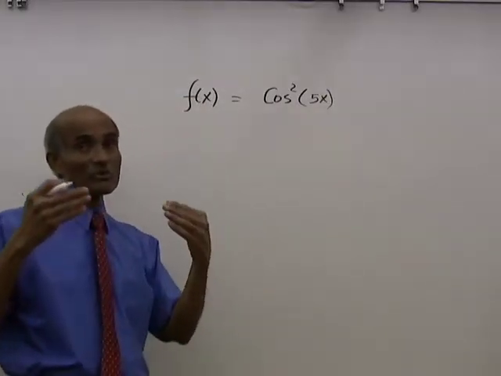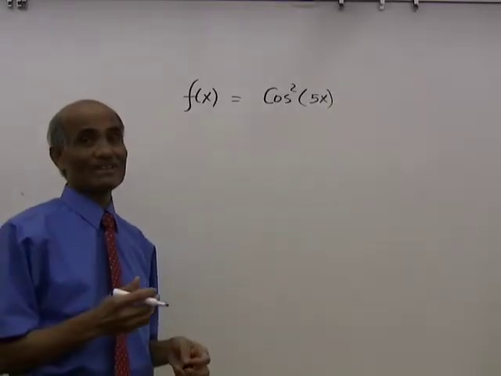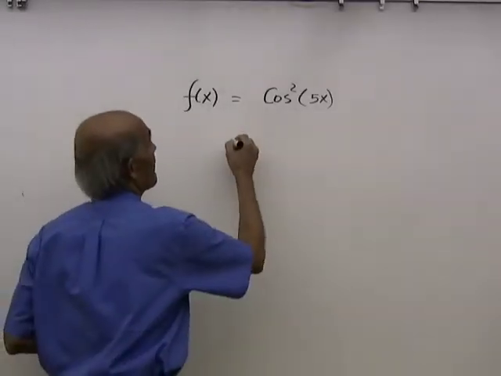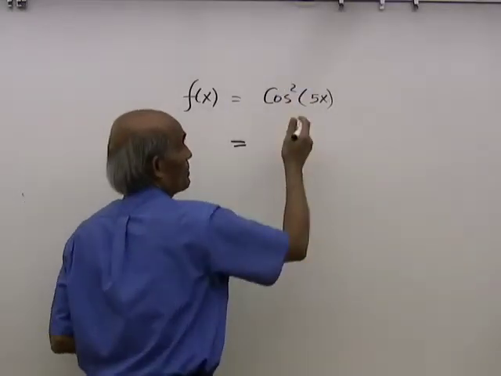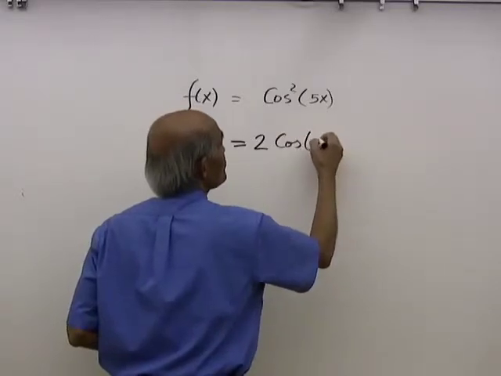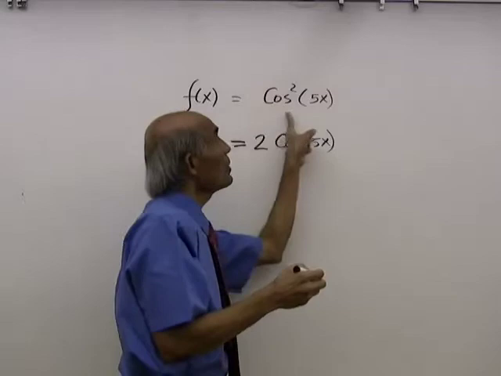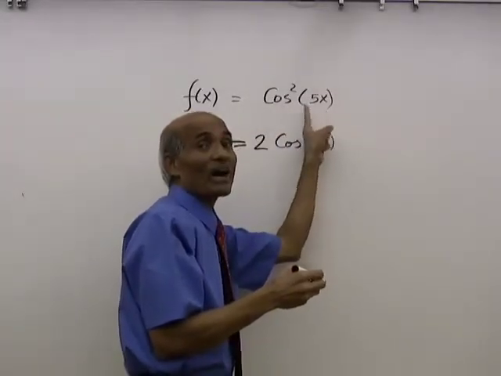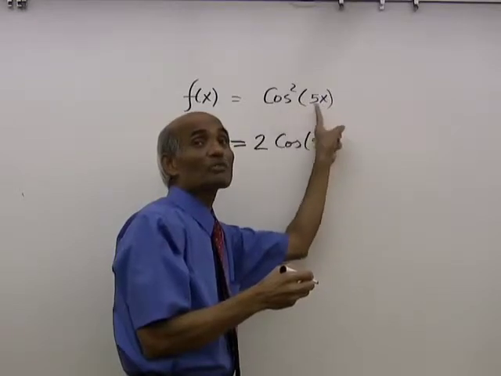What is the derivative of a cos squared quantity? Well, remember, a cos squared quantity, the power, it will be 2 cos of 5x, is that right? 2 cos of 5x times the derivative of the quantity. The quantity is cos of 5x.